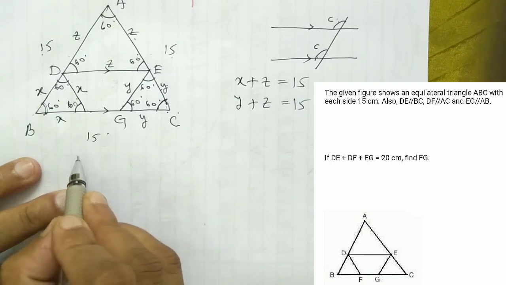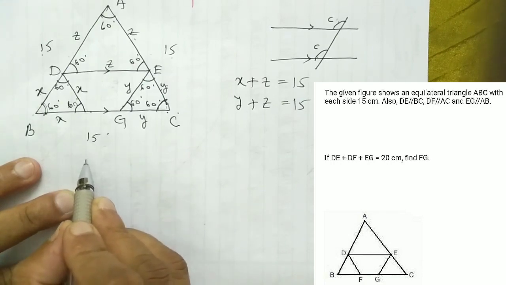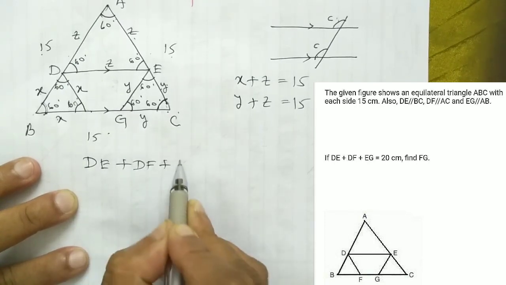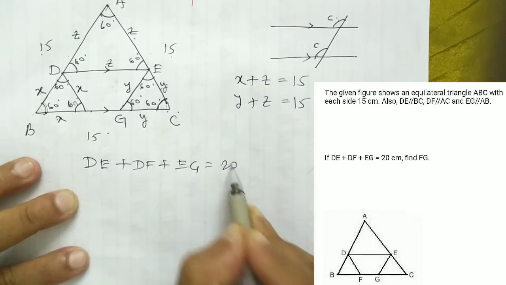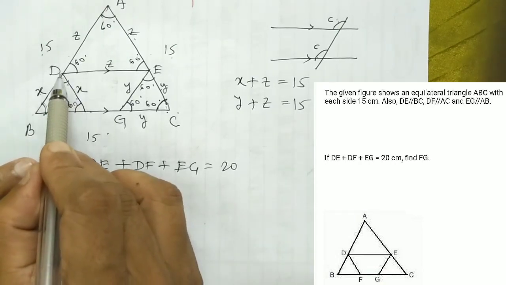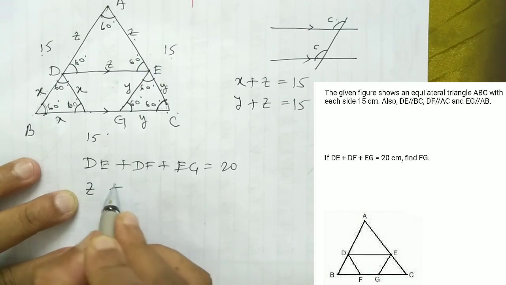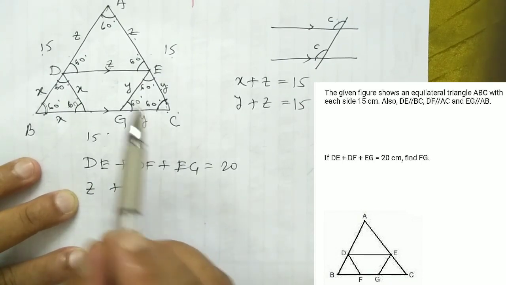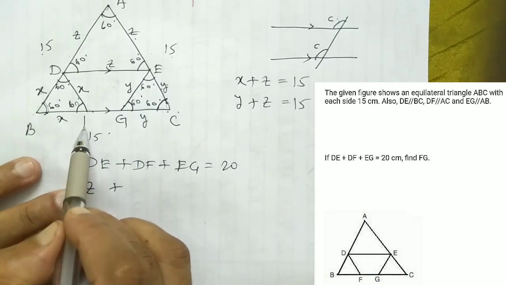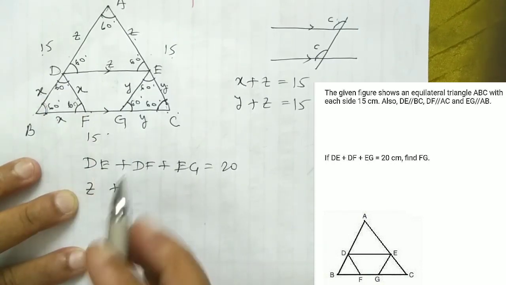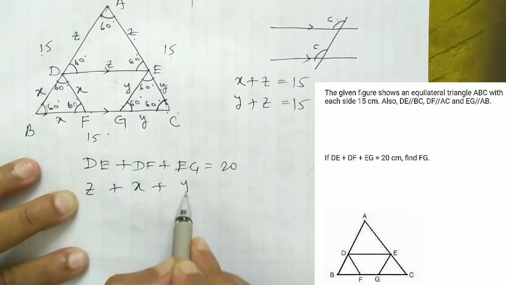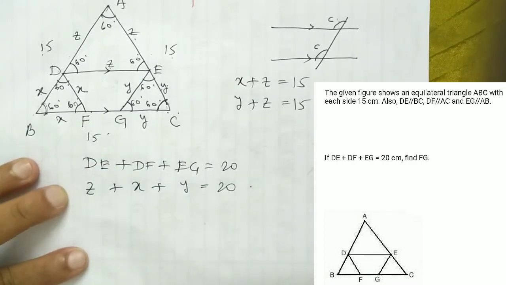And one more equation is given in the question: DE plus DF plus EG equal to 20. That is given in the question. What is DE? DE is z plus DF. What is DF? DF is x plus EG. EG is y. So z plus x plus y equal to 20.